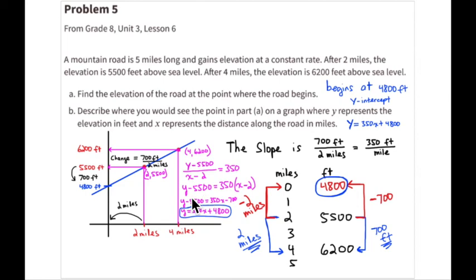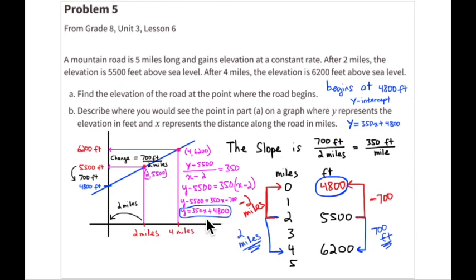So if you subtract the 5,500 feet, you have to add that back to get to this point right here, to get the coordinates of that point. And at the same time, you have to subtract 700. Well, if you add 5,500, subtract 700, you end up at 4,800. So the equation then is y equals 350x plus 4,800.